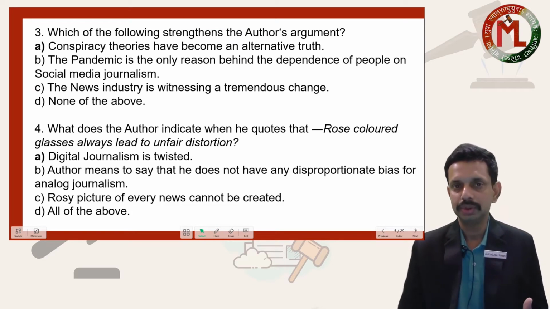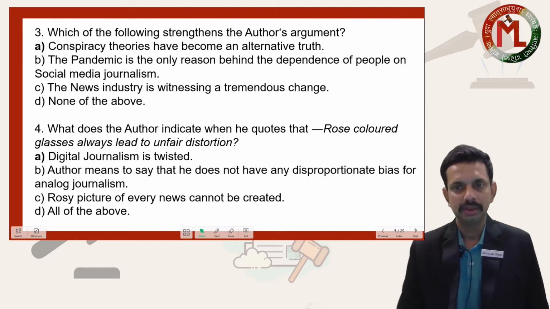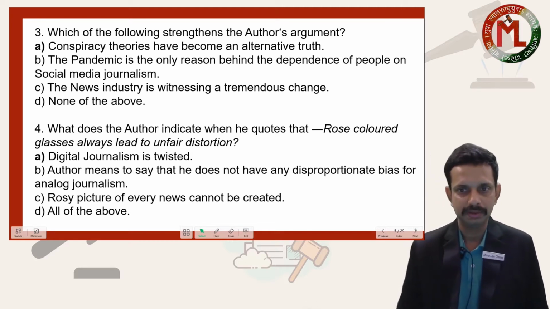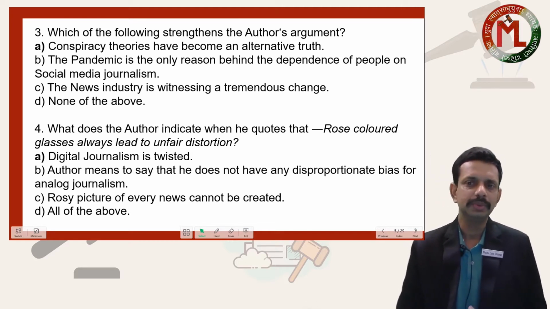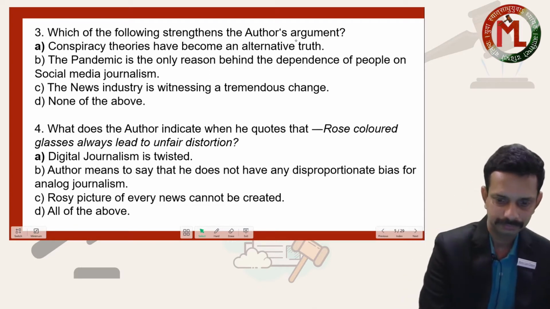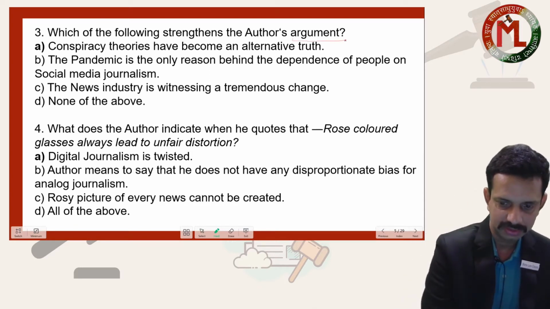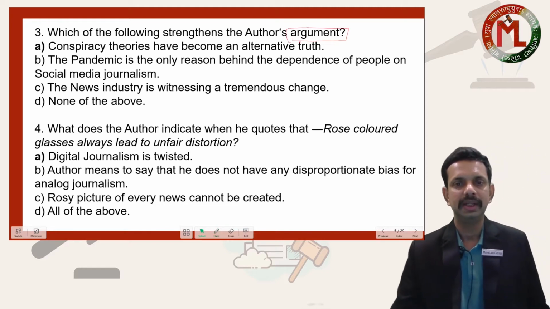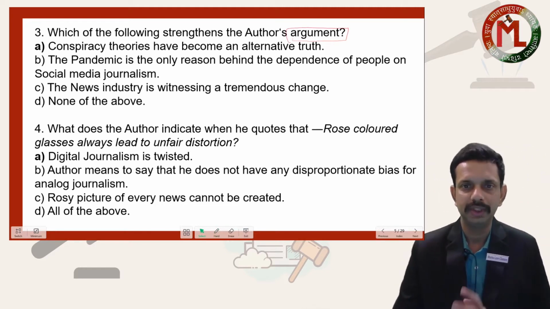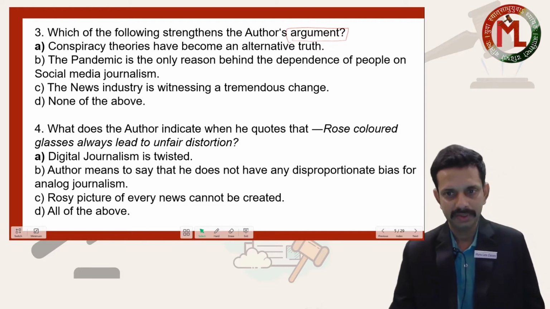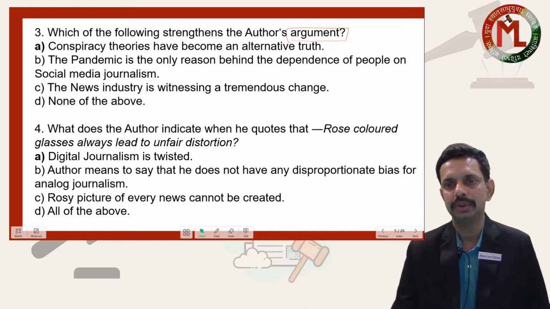Now the next one. This question talks about the argument. Now, if you ask what is an argument, in terms of logic, argument is nothing but the linguistic counterpart of the inference.